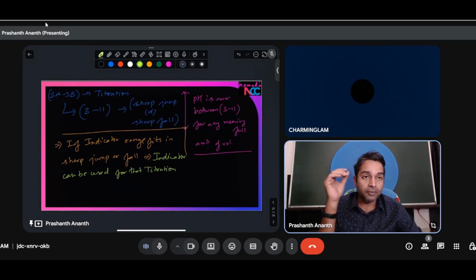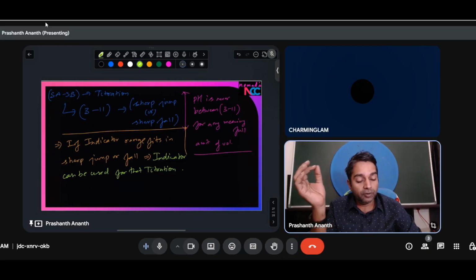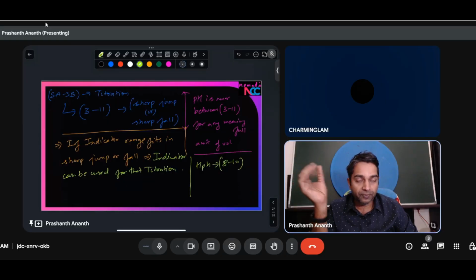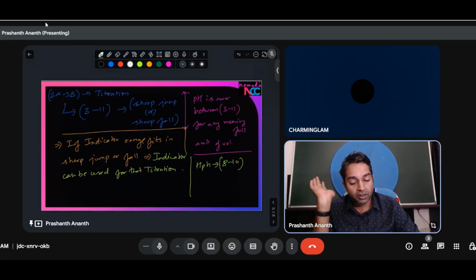So, in this case, you understood the meaning over here. Phenolphthalein's range is 8 to 10. 8 to 10 is in between that 3 to 11. So the indicator can be used.